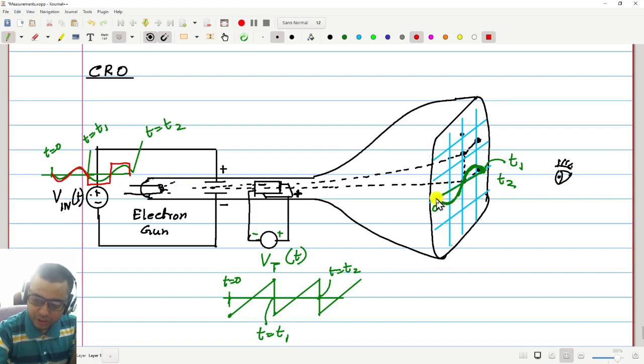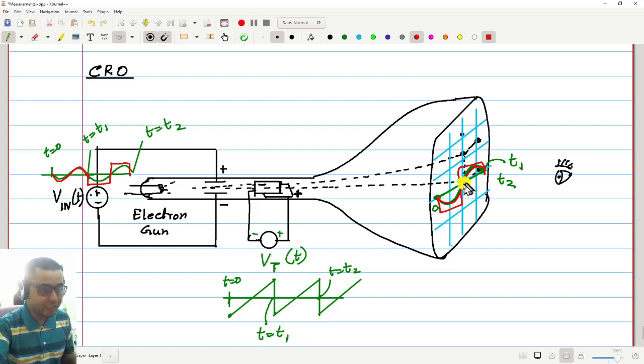The beam will first move like this, but after that in the next cycle it will move like this, and then if it is continuously changing, then on the screen also the display will be continuously changing. And if this frequency is very fast, then everything will overlap on top of that, and it is very difficult to say what we will exactly see. Okay, you are absolutely right.